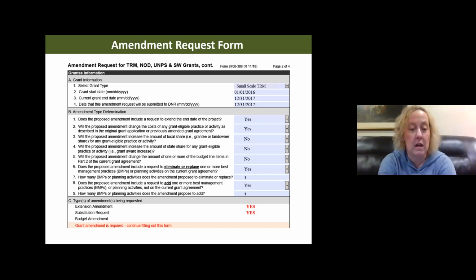We'll look at the amendment request and decide whether or not to approve it and issue that amendment. Extension amendments are usually just a letter from DNR notifying you of that extension. But other kinds of amendments are going to actually require that you sign and return that amendment document back to DNR.